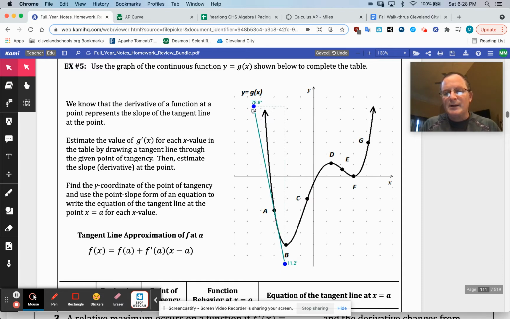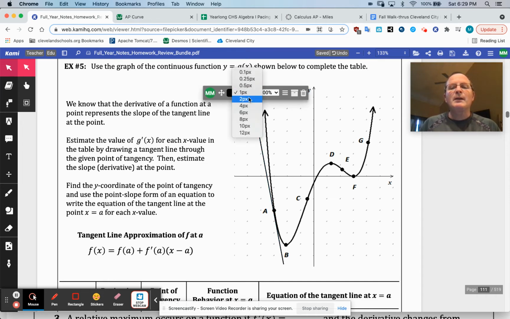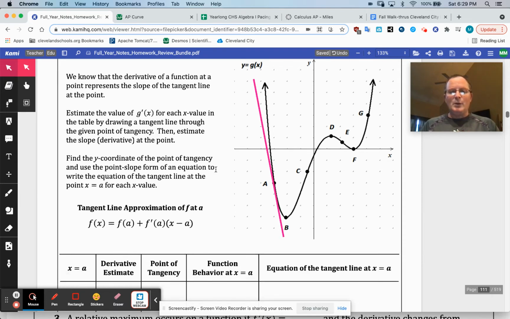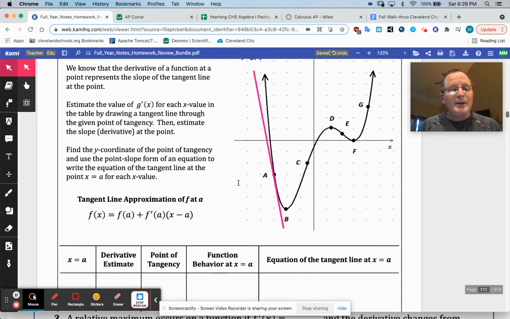So that's not terrible for a tangent line. Okay, so there we go. On that very first one, I'd like to make it where you can see it a little bit better. There we are. So make it a little bit bigger and a little bit brighter. Good.